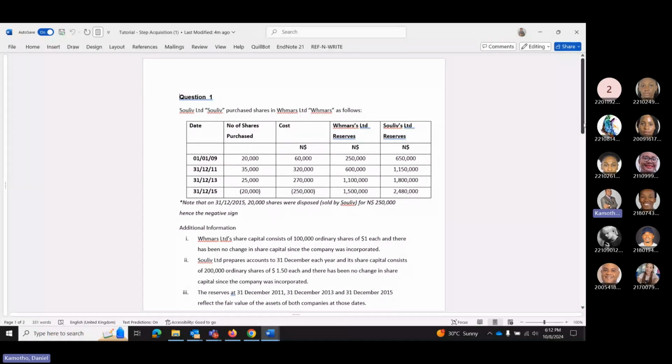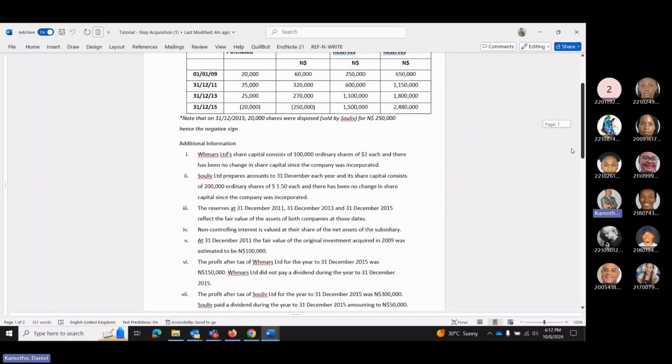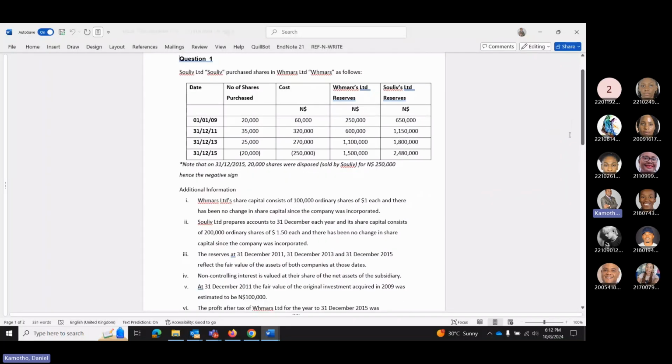Okay, I think this question I would have wanted to see because when they acquired the 20,000 for 60,000, we are basically saying the 60,000 becomes a subsidiary, because there it became an associate, and on the 31st December 2011, on the last day of the reporting period, they acquired an additional 35,000, which is 35%, and therefore it became a subsidiary.